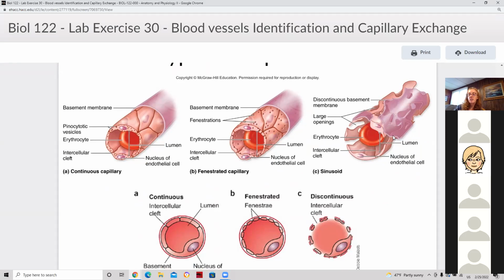In the discontinuous capillaries, there is a discontinuous or absent basement membrane with large holes in between the endothelial cells.